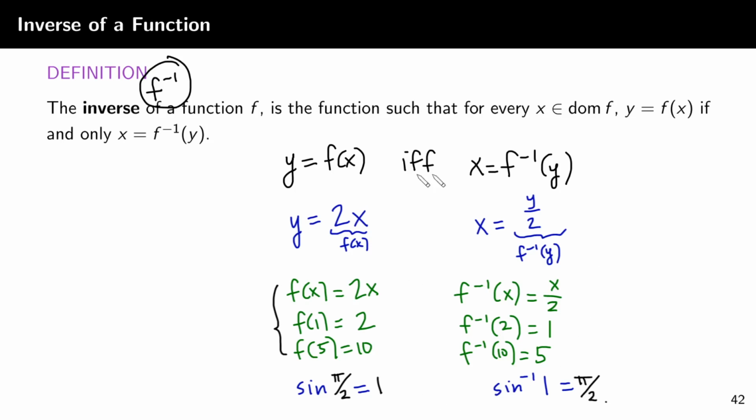Now, dahil meron tayong ganitong relationship, what do you think happens if I compose f and its inverse? What is f of f inverse? So I want you to pause the video and then think of the answer. So, ang value ng f of f inverse, kapag in-evaluate natin siya sa x, may ginagawang something itong si f dun sa x.